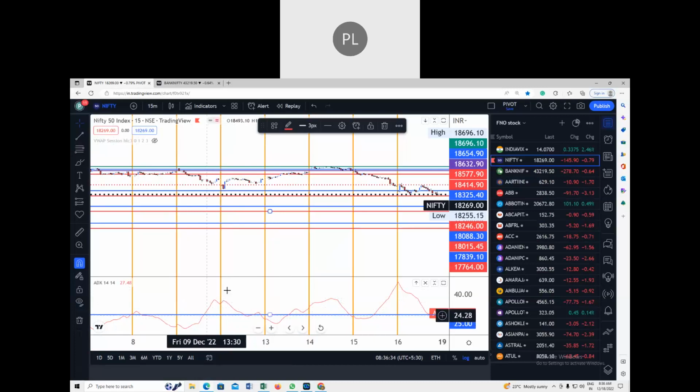If the ADX is above 25, you can take a trade, and if the ADX value is below 25, do not take a trade, because the market is expected to be in a low volatile range. So options erosion will happen and you will lose money. This principle can also be utilized for futures trading.